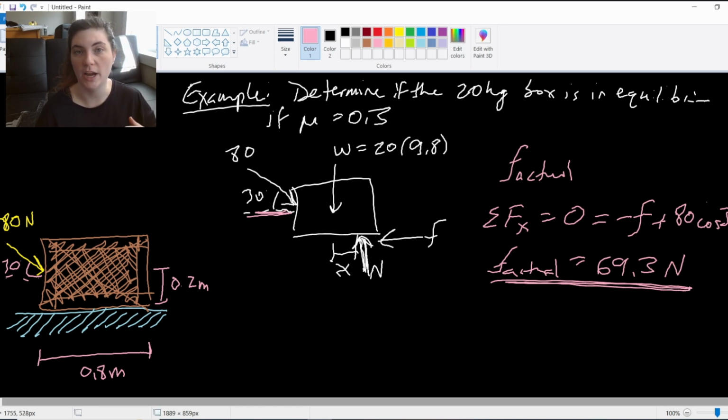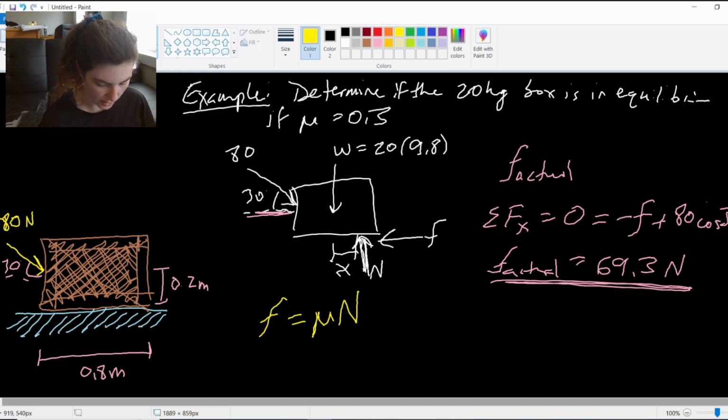Let's go ahead and compare it to our theoretical frictional maximum. And that comes from our formula: friction equals mu times N. So our static coefficient of friction multiplied by the normal force. Now, of course, I don't actually know the normal force yet. I haven't found it. It gave me 0.3 as my coefficient of friction, but I don't know the normal force.